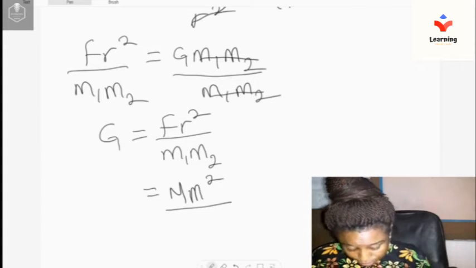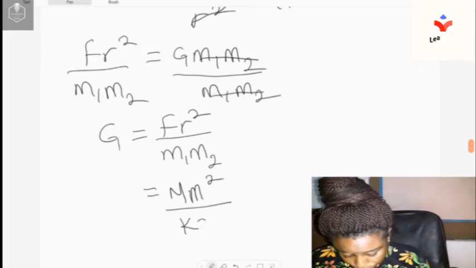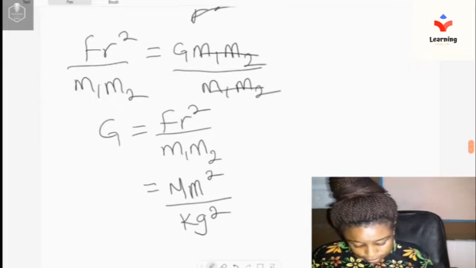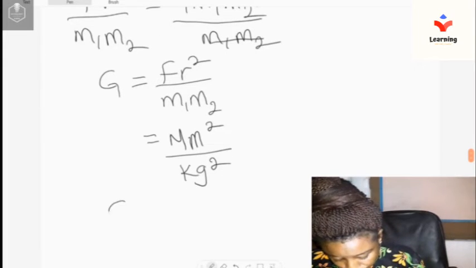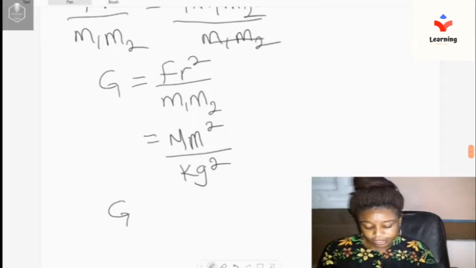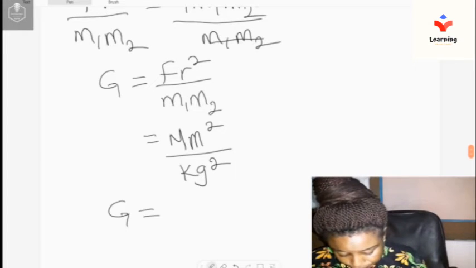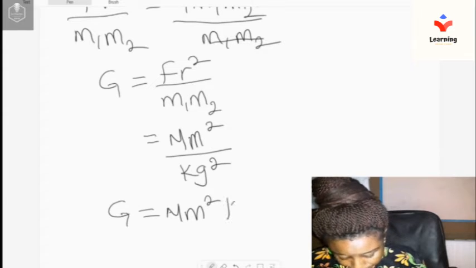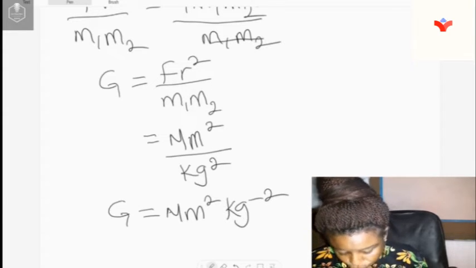So kilogram times kilogram will give us kilogram squared. Therefore, the unit of our G, which is the universal gravitational constant, is Newton meter squared per kilogram squared.